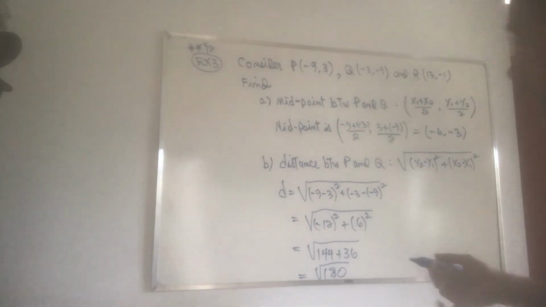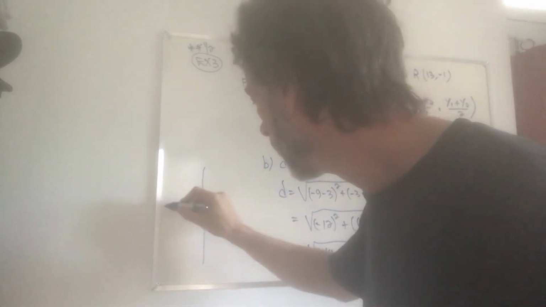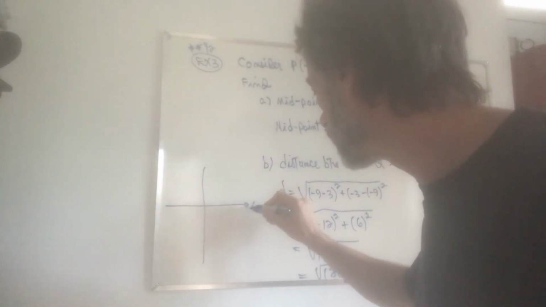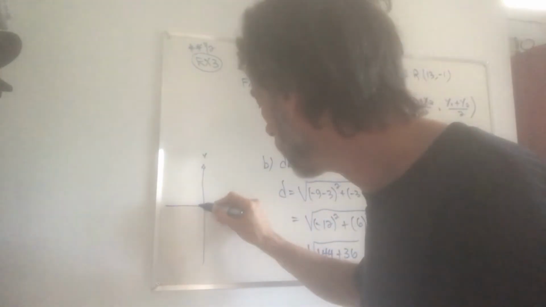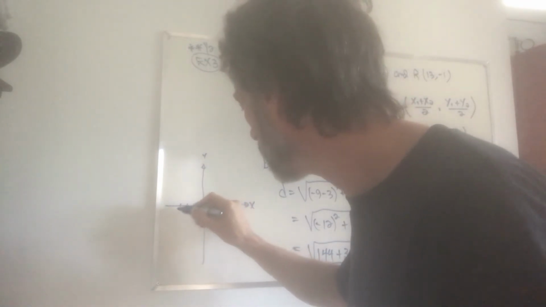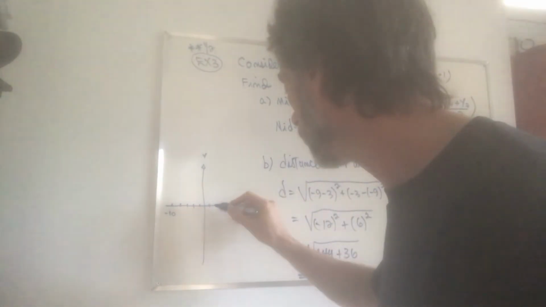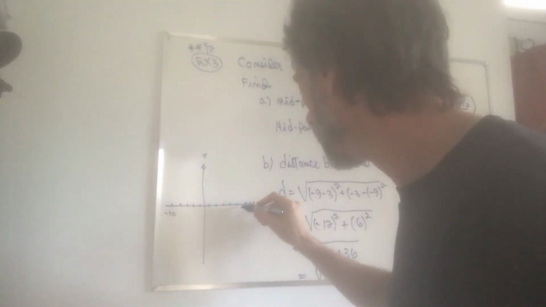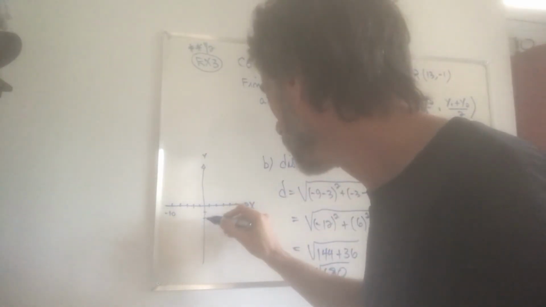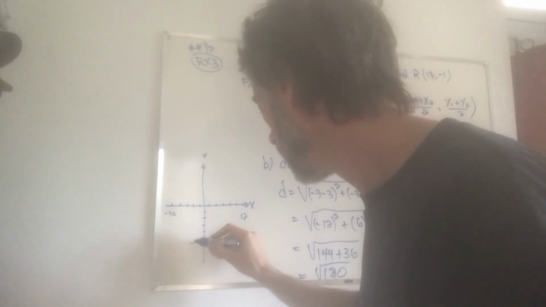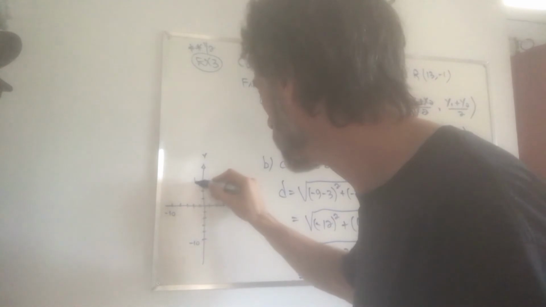So just to give you a quick overview, if in the Cartesian plane I actually sketch where the points are, I'm going to go by 2 here, minus 2, minus 4, minus 6, minus 8, minus 10. And here 2, 4, 6, 8, 10, 12. And here minus 2, minus 4, minus 6, minus 8, minus 10. And here 2, 4, 6 will be enough.